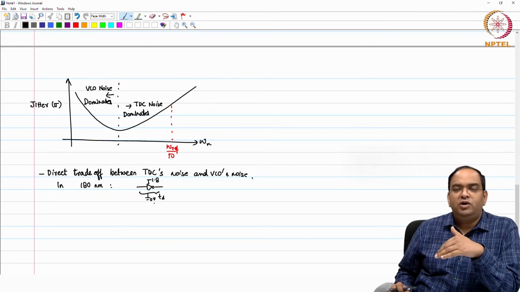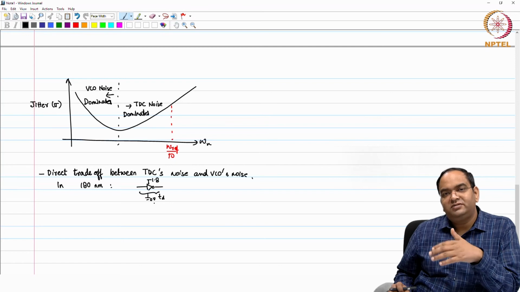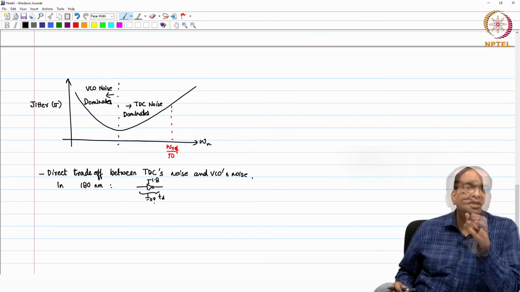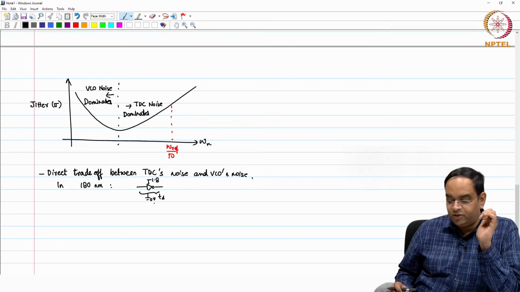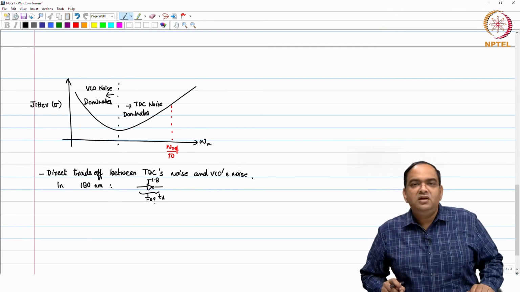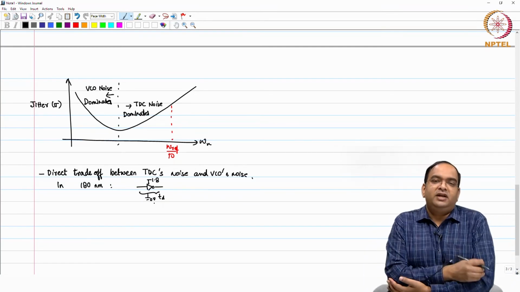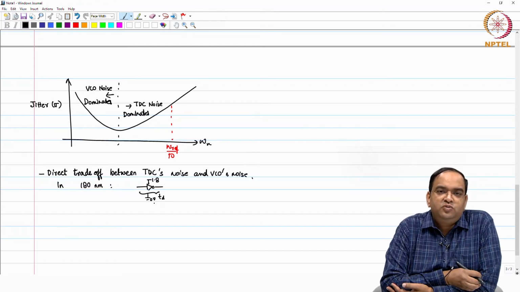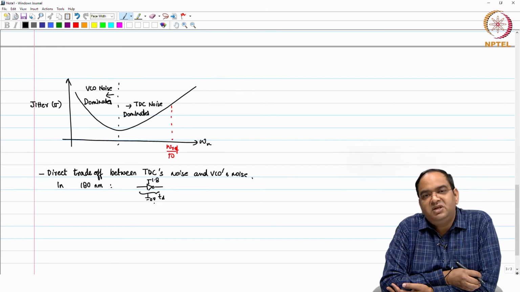Similarly, as you go down to a lower technology, you will find this delay reduces, but it is still much higher than the final output jitter which you would like to have. The delays will be in picoseconds, several tens of picoseconds in 180 nanometer, and then it may reduce to 10 to 20 picoseconds in 65, maybe much lesser, in the order of a few picoseconds, in the lower technology nodes.